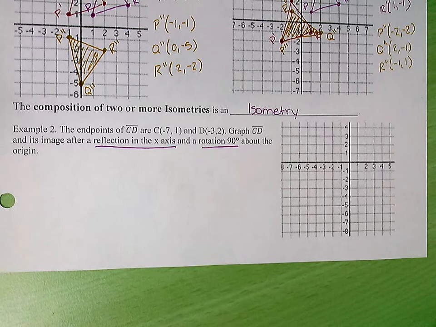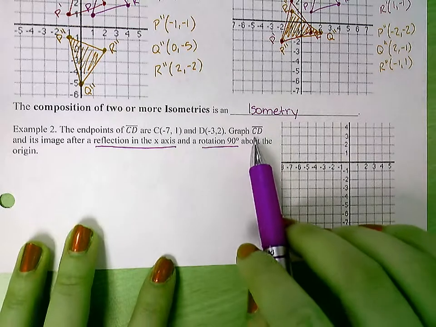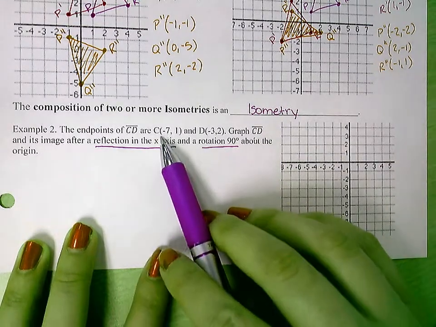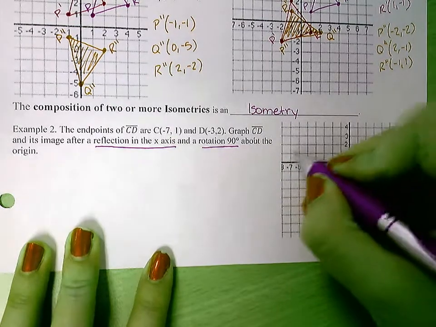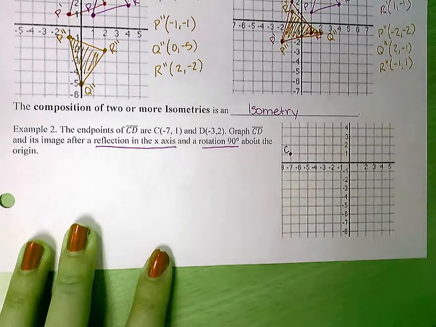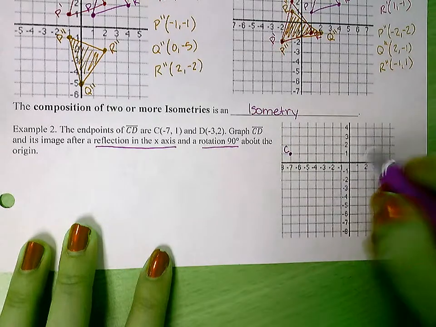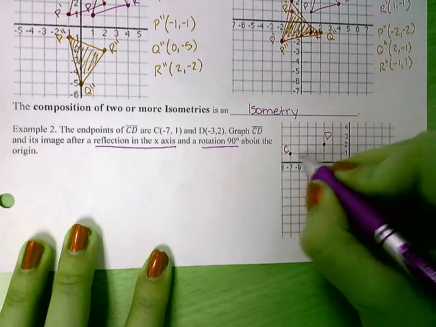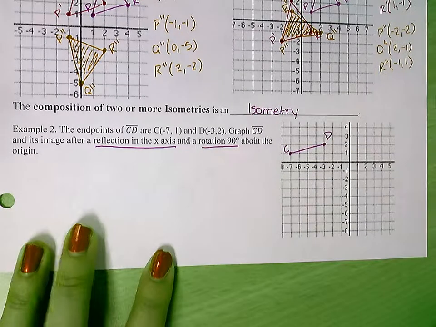So again, reading it in order, first we want to graph segment CD. Point C is at -7, 1. And point D is at -3, 2. So here's that segment CD.